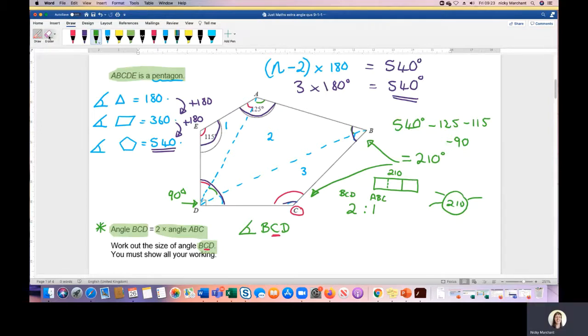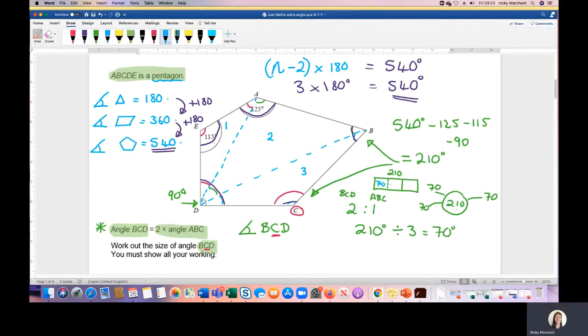Basically you've got that 210 degrees, you're sharing it by 3, which gives you 70 degrees. That means that each part of this ratio is 70 degrees. Each box is 70 degrees in the boxes there. However you want to do it.